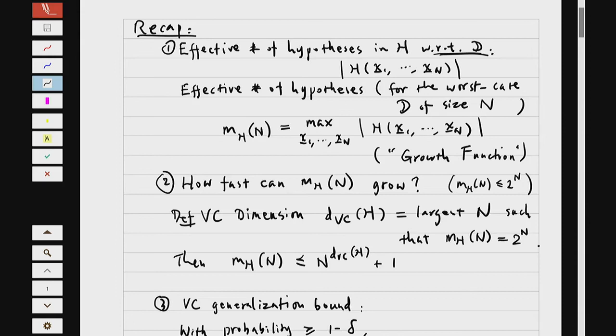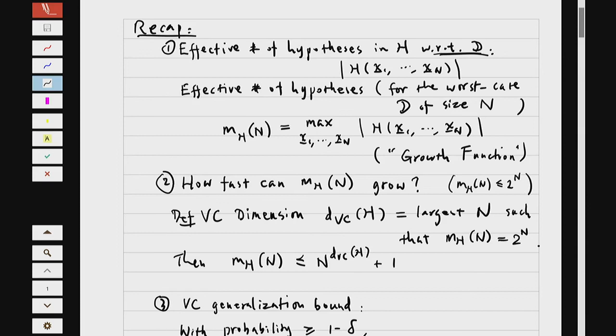So the question is, how fast can this effective number of hypotheses grow? Is it really as bad as 2 to the nth power? Fortunately, in many cases, no. We define a VC dimension to say up to what n values it is 2 to the n. If n gets larger and larger, this does not grow exponentially anymore.